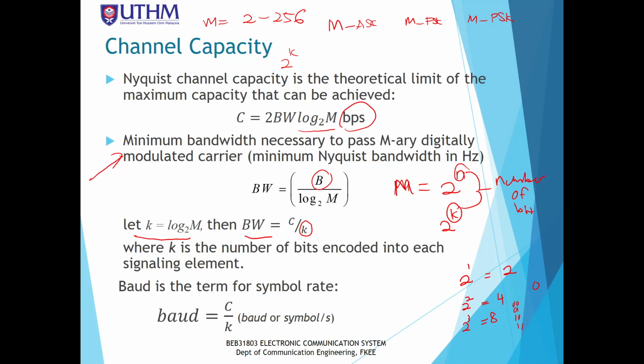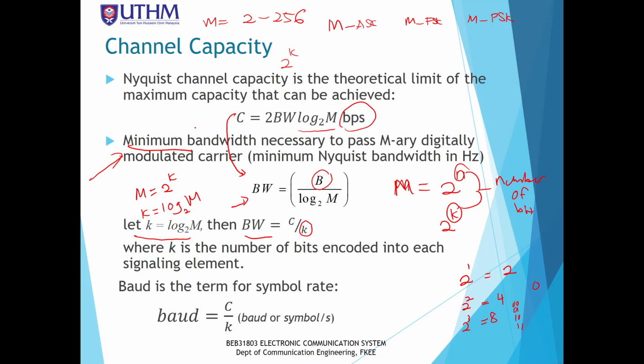So the bandwidth is equal to the capacity divided by the number of bits. Since m is equal to 2 to the power of k, therefore k is equal to log base 2 of m. Okay, and don't confuse with this equation.